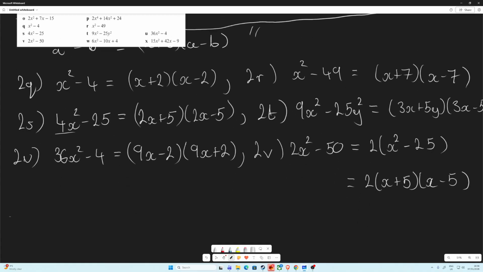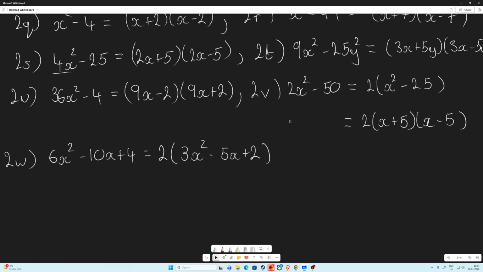Okay, let's try 2w. We have 6x squared minus 10x plus 4. Let's take the factor of 2 out, so 2 into 3x squared minus 5x plus 2. So two numbers that add to negative 5 and multiply to 6. I think that is as far as we can factorize this problem.